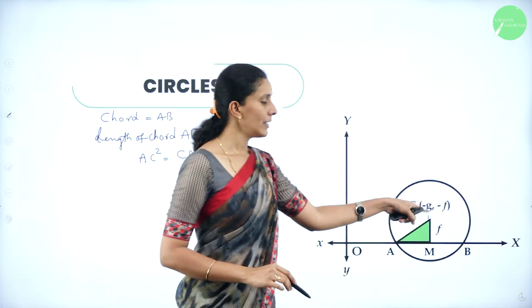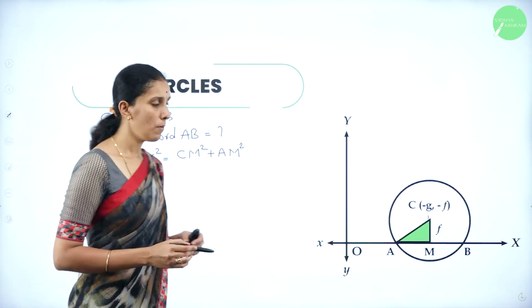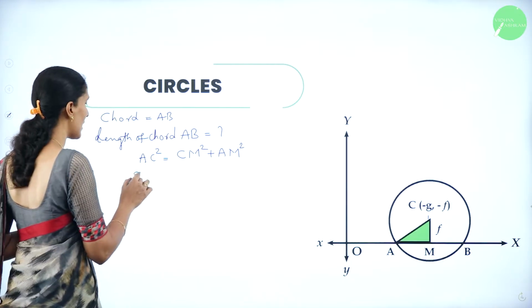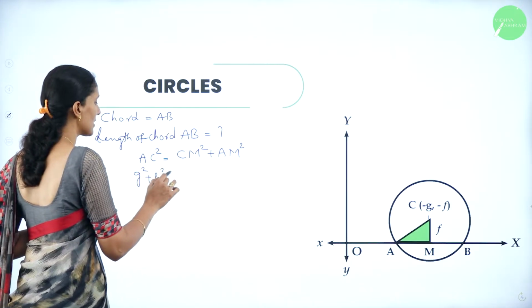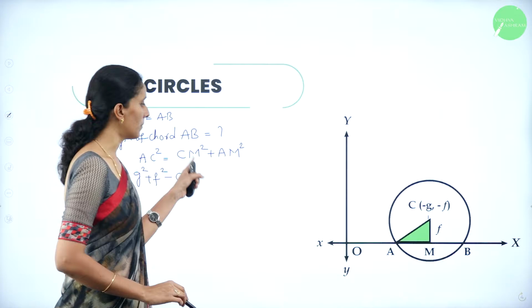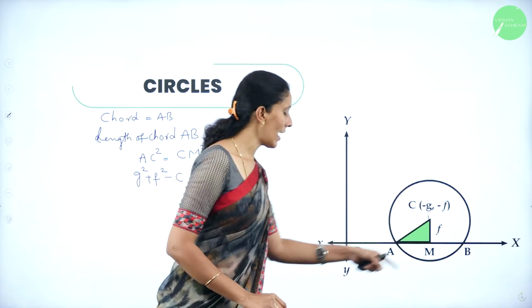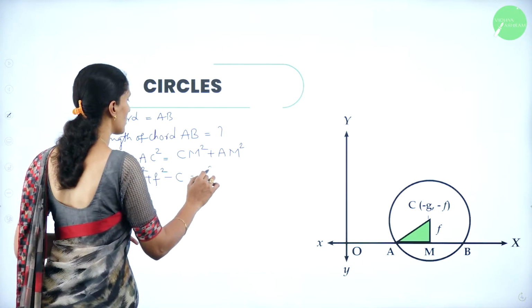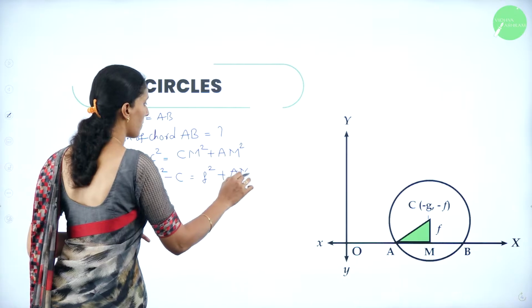Now, the radius square is given by g square plus f square minus c, which is equal to CM square plus AM square. CM is actually f, so it becomes f square plus AM square.